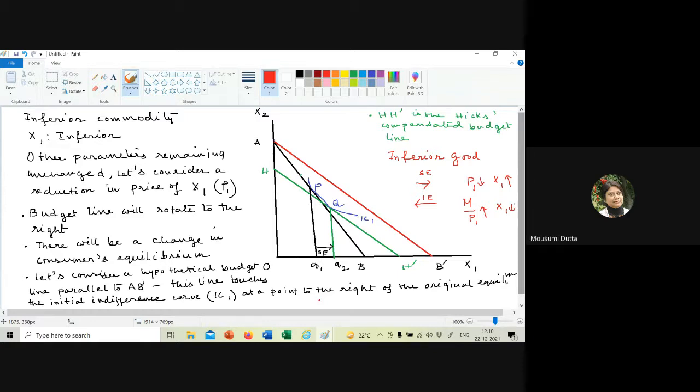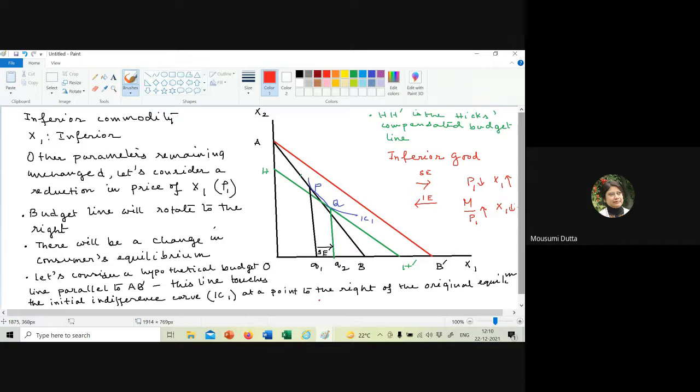Via the substitution effect, demand is increasing. The substitution effect always gives an inverse relationship between price and quantity demanded. In this case, we started with a reduction in price, so there will be an increase in demand. If I start with an increase in price, there will be some reduction in demand.